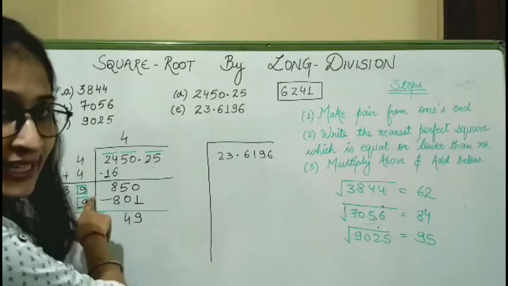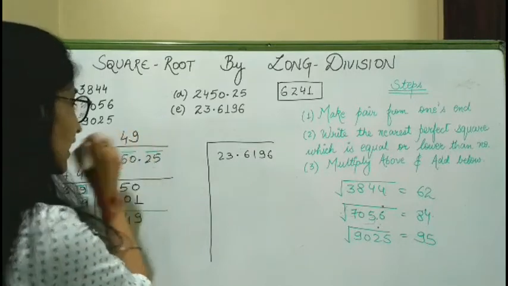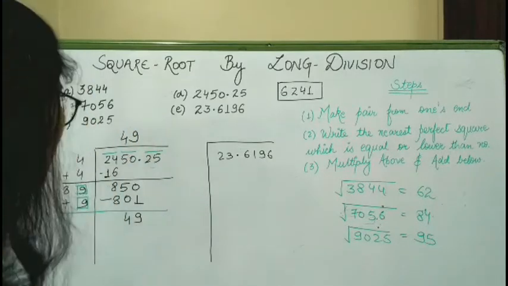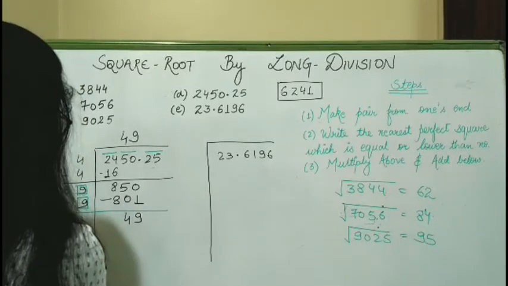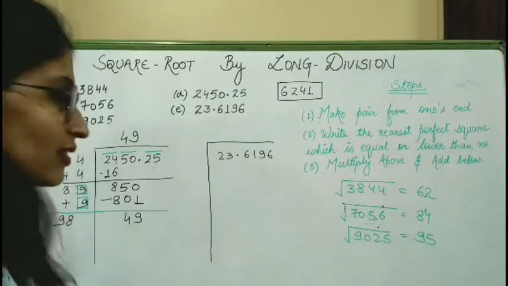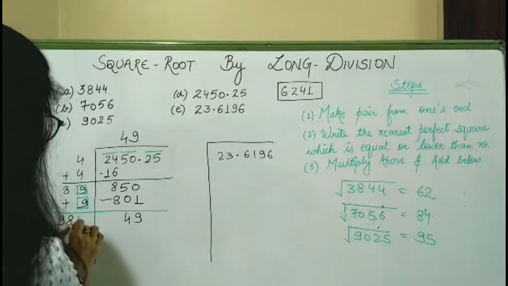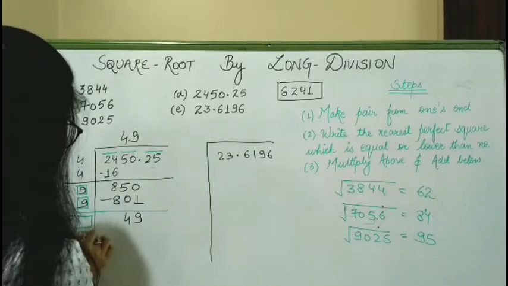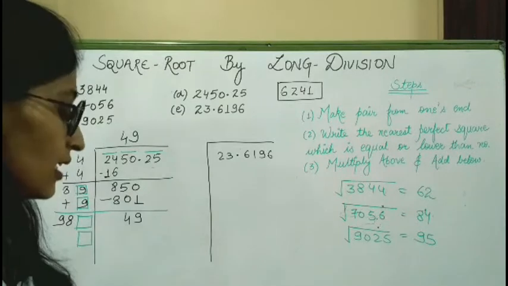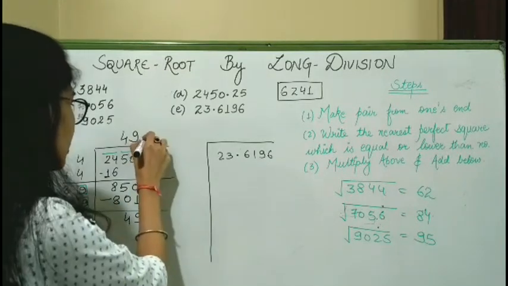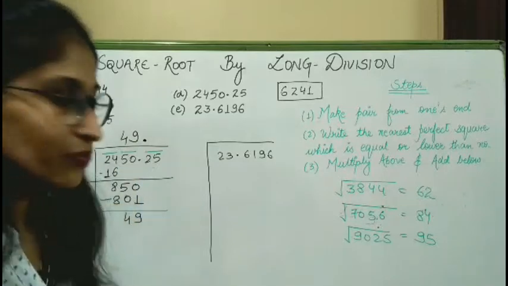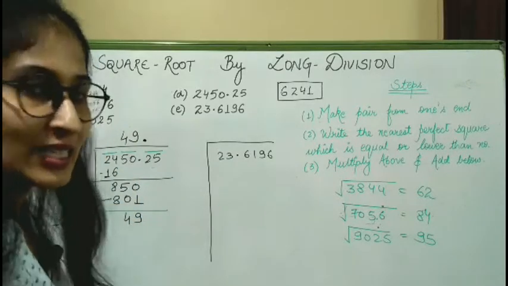I have written 9 here, so write the same digit at the top. 89 plus 9 will be 98. Now I have to fill same numbers in the next boxes. There is a decimal in the question, so put a decimal mark here also and copy the next pair.